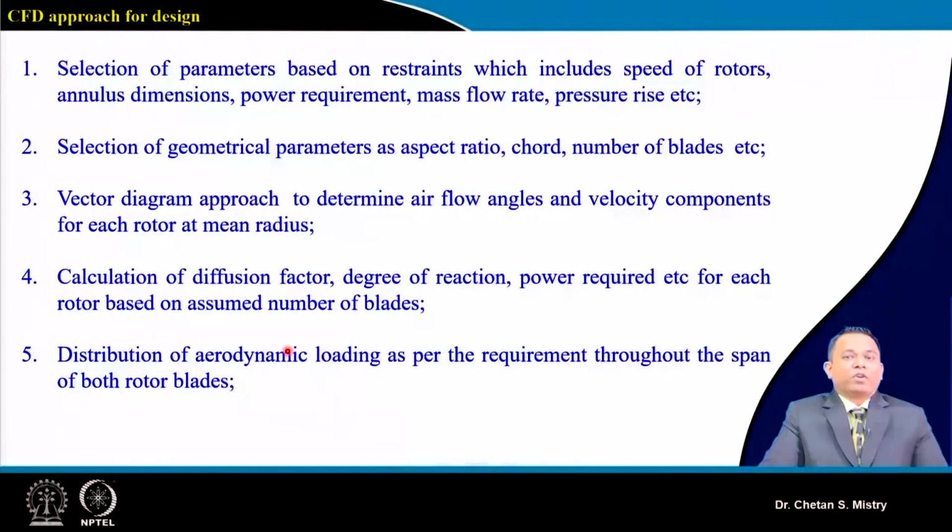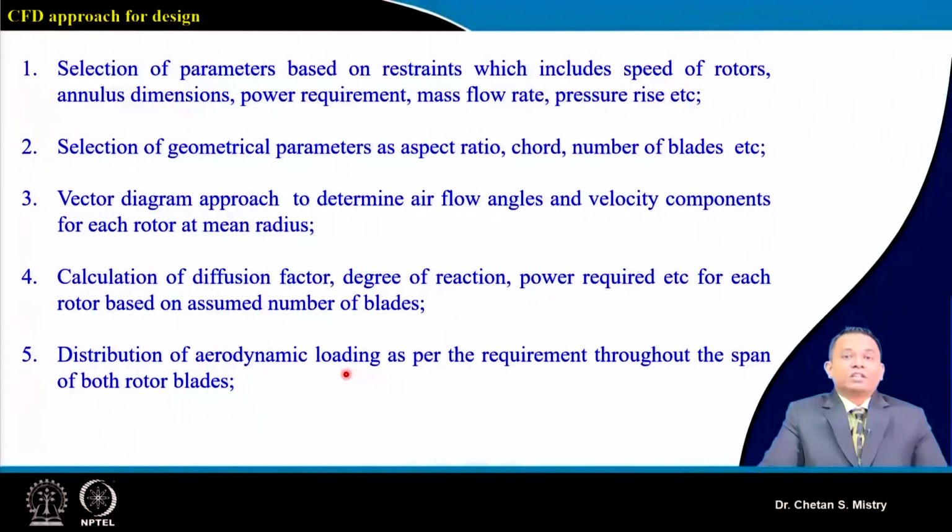Then we moved on to mean line design, where we used the vector diagram approach for determination of flow angles and different velocity components at the mean radius for both the rotors. We calculated parameters we learned, like diffusion factor, degree of reaction, and power based on the number of blades selected, with distribution of aerodynamic loading as per the requirement throughout the span for both the rotors.